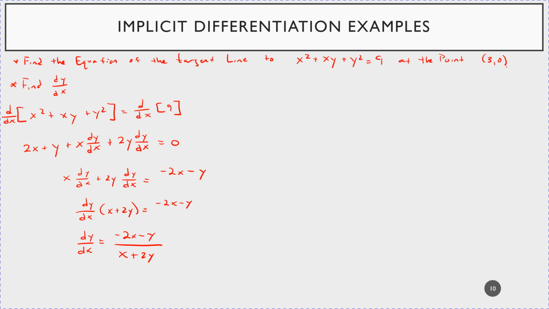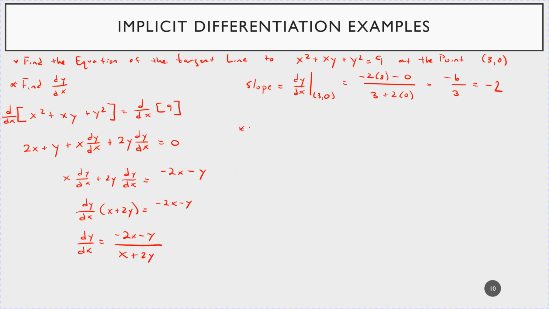So to find the slope of the tangent line, you're just going to evaluate this at the point (3, 0). So slope is equal to dy/dx evaluated at (3, 0). So 3 is my x, 0 is my y. So this is minus 2 times 3 minus 0 divided by 3 plus 2 times 0. Well, what does this get you? This just gets you minus 6 over 3, which is equal to negative 2.